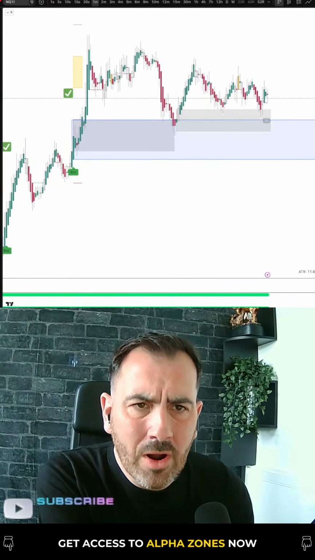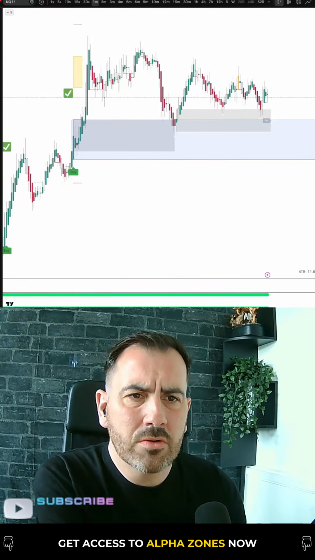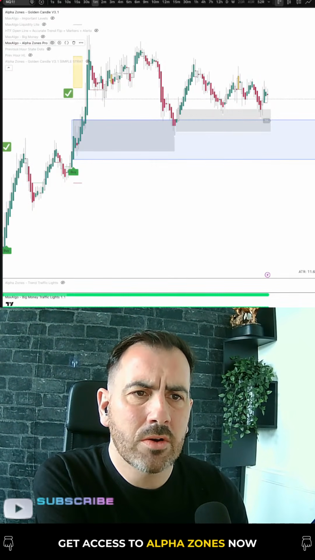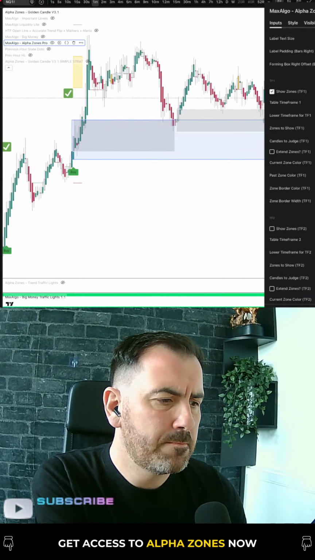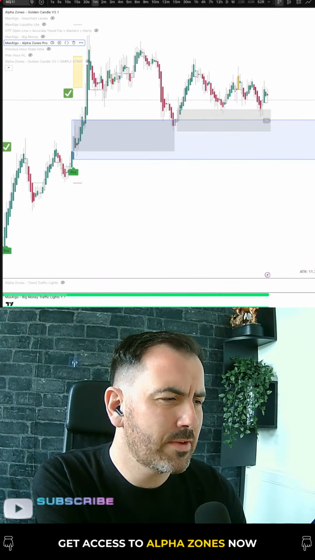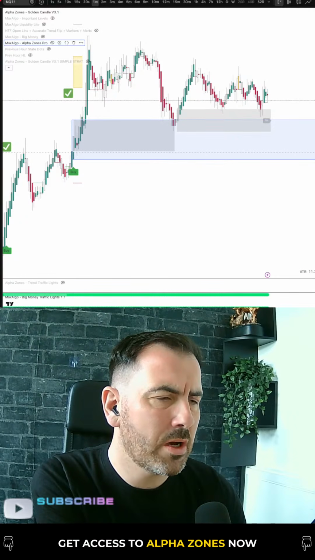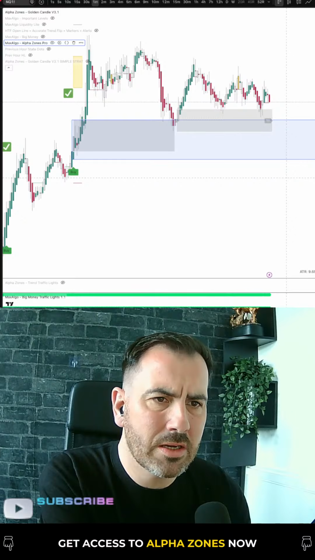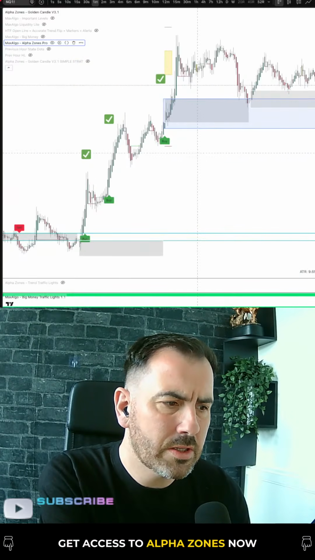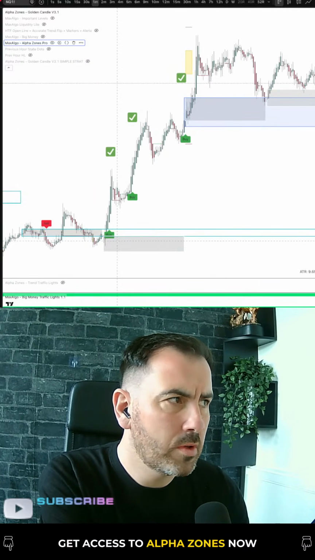Where are we on our 4 hour? Obviously these are only our 1 hour alpha zones, but alpha zones does track all your time frames. I know we're on daylight savings in the US, and we haven't flipped yet till the end of March, so we are slightly out of sync. So there is our 4 hour below.